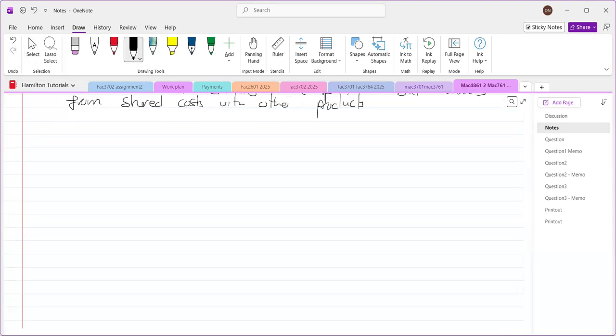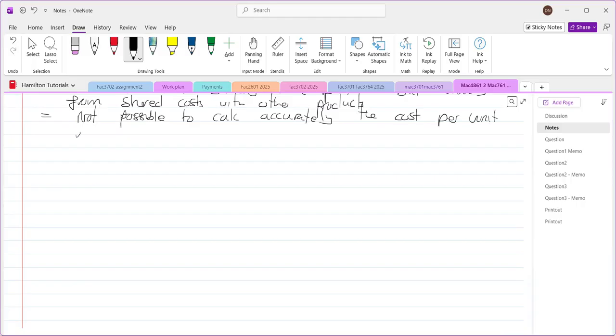Another way of describing this: it is not possible to calculate the cost per unit accurately.